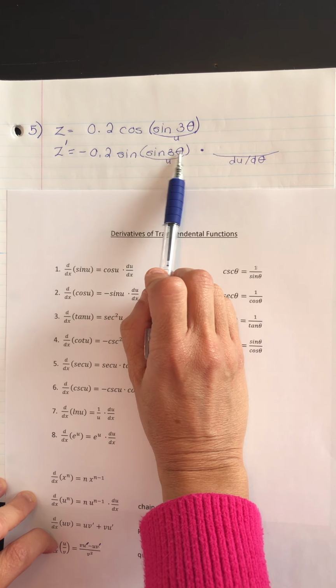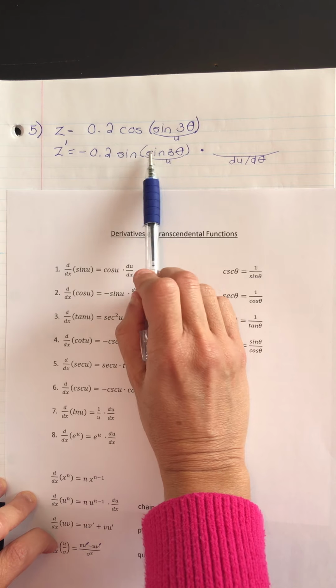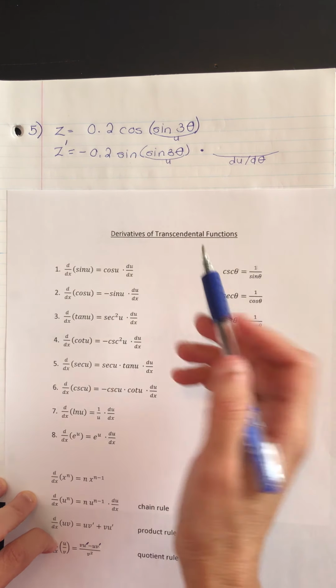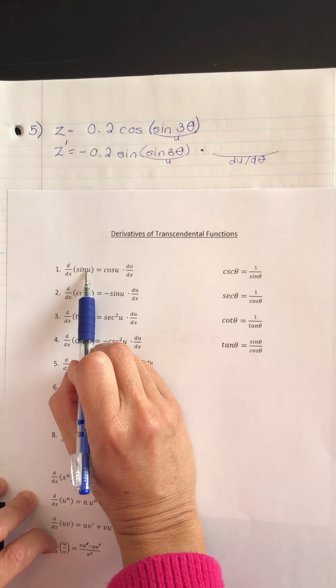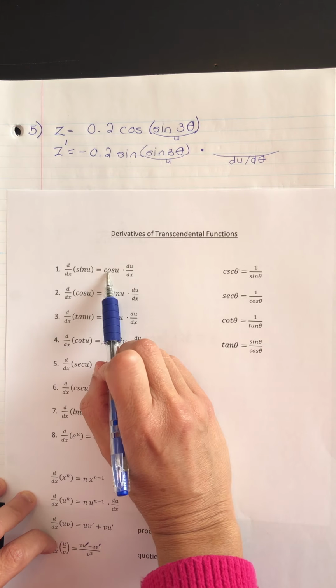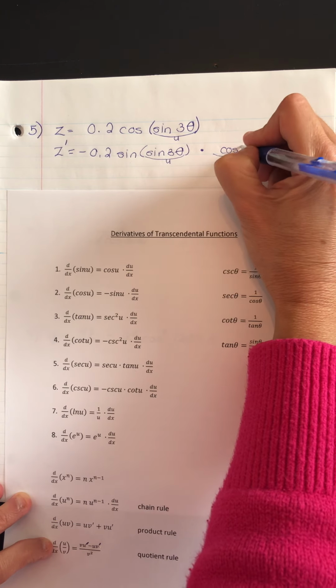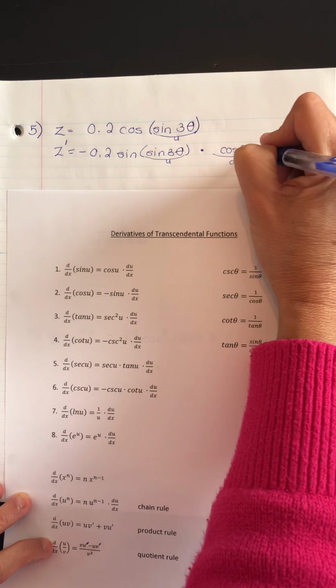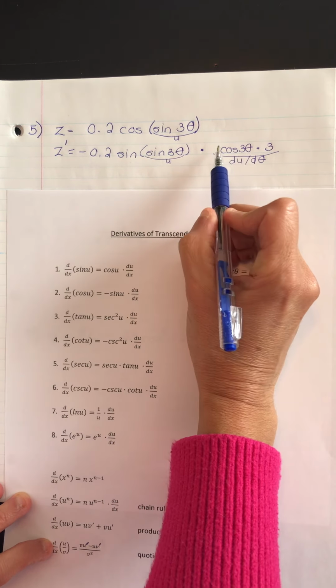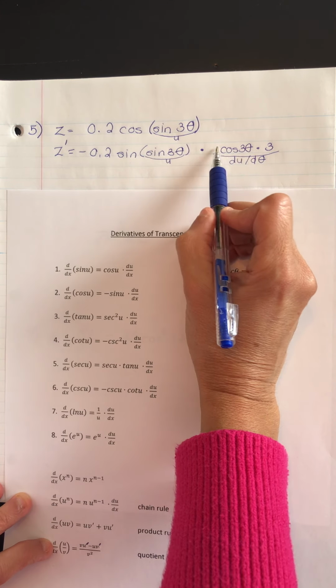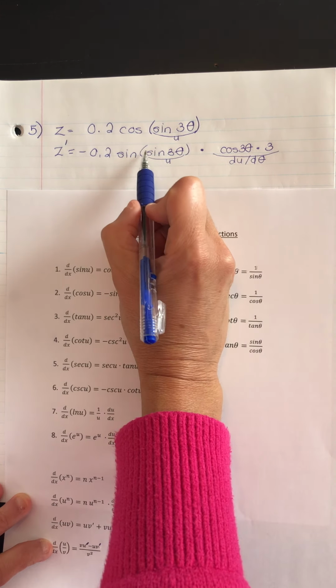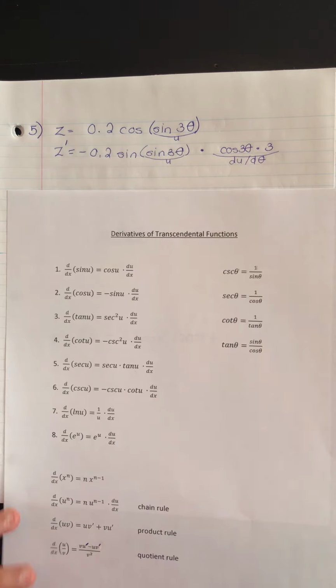But that means the derivative of sine 3 theta. What's the derivative of sine 3 theta? Well, it's cos 3 theta times 3. So all of that right there, those two parts, represent the derivative of sine 3 theta.